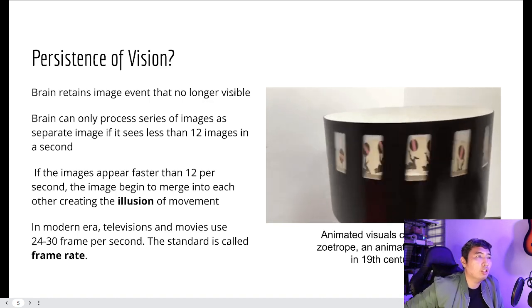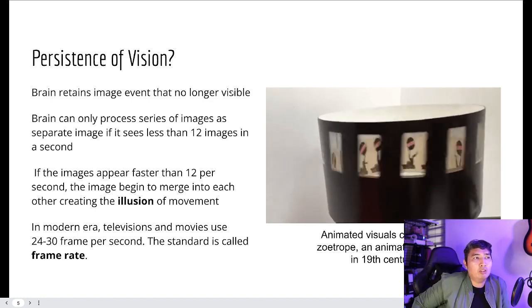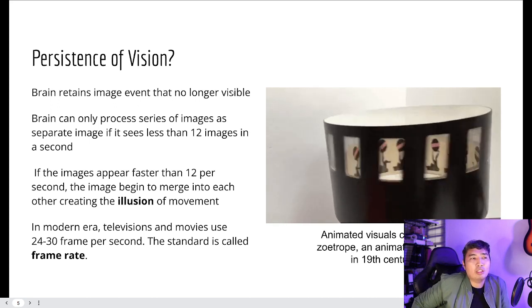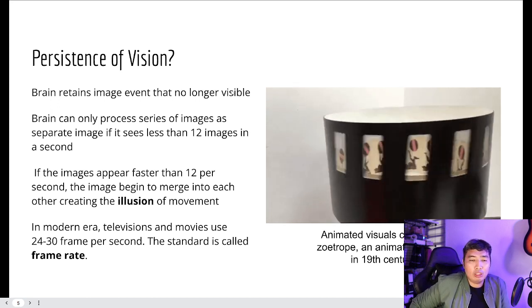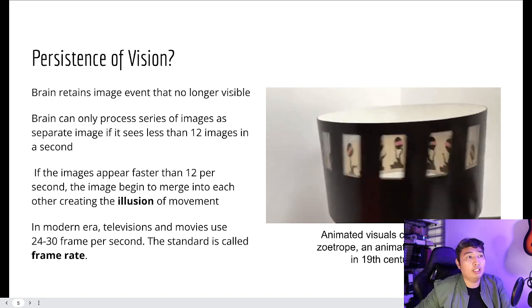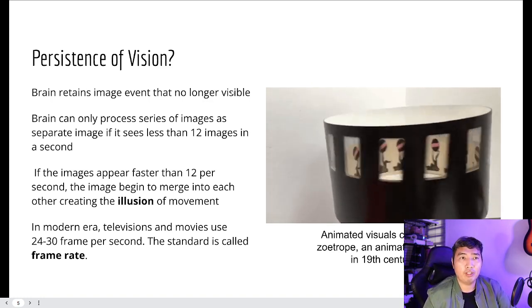and we will see it as an animation. So the brain can only process a series of images as separate images if it sees less than 12 images in a second. The speed is the frames per second.